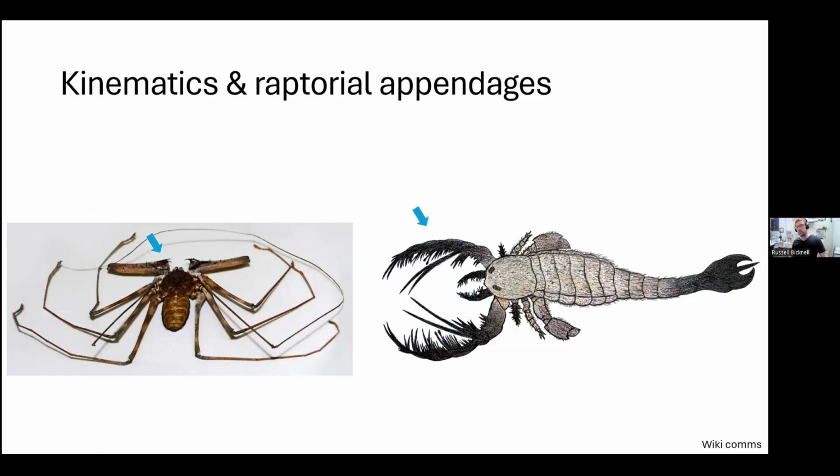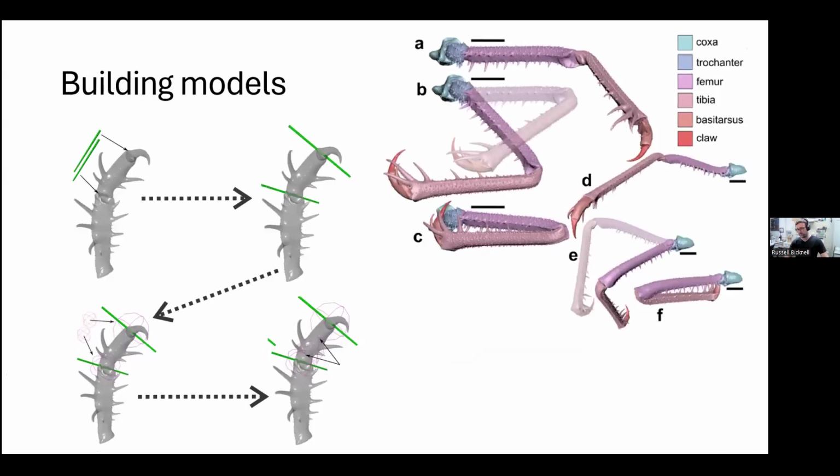So we can ask the question, well, do our modern animals move the same way that we think our fossil animals do? And if they do move similarly, well, maybe we're seeing some kind of convergence on a similar kind of means of operation. And that's a really interesting thing that we can ask. We can begin to build models to tackle this exact same question.